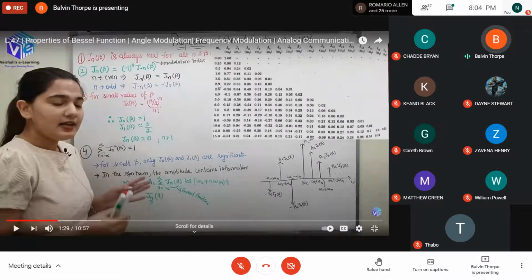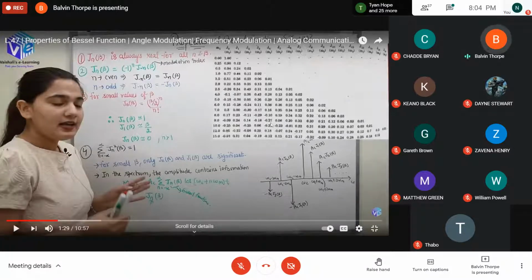If you notice, the number of sidebands based on the modulation index increases, but these values are what you multiply the amplitude of the carrier wave by.